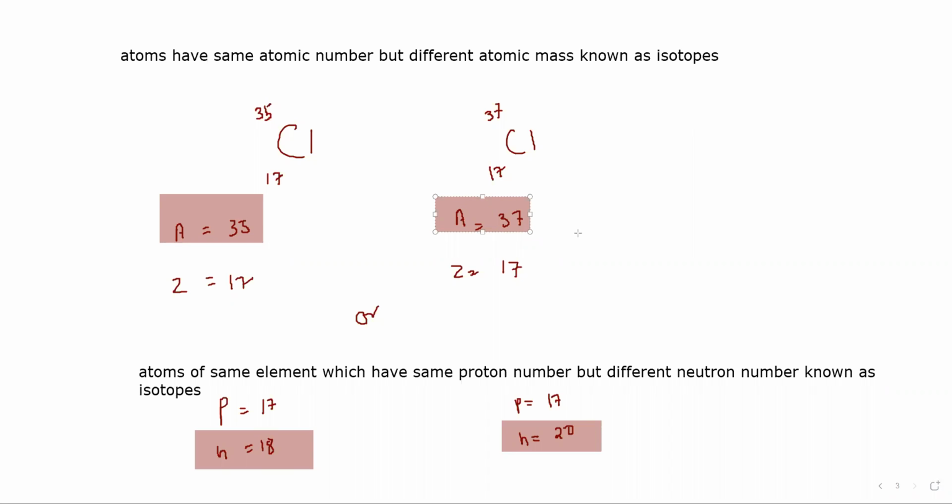So the definition of isotope you have to learn, and identification from the table. You don't have to memorize any atomic number or atomic mass, that will be given in the question. You just have to identify the isotopes, and on the basis of proton number. Z indicates atomic number, A indicates atomic mass, or nucleon number.